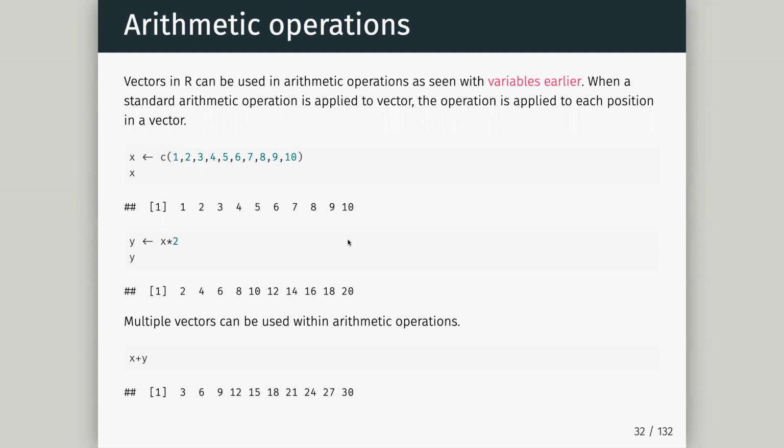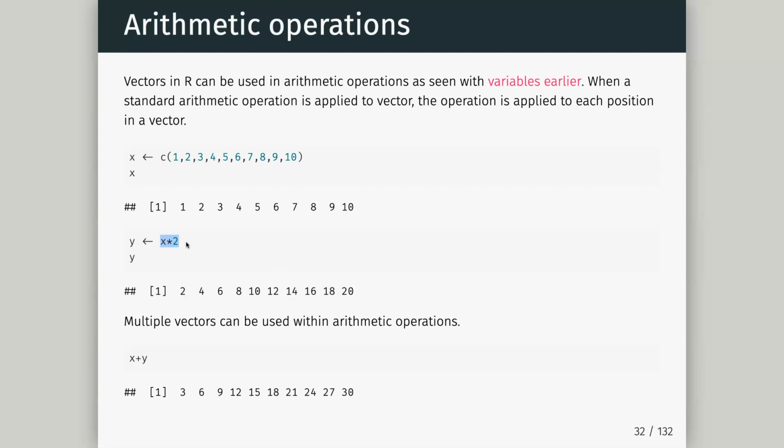To do that, I can just do x times 2. It takes every value within x and multiplies it by 2. So 1 becomes 2, 2 becomes 4, all the way up until 10 becomes 20. Now I've got a new value for y, 2, 4, 6, 8, 10, 12, 14, 16, 18, 20, just because I can do this arithmetic operation in one line.